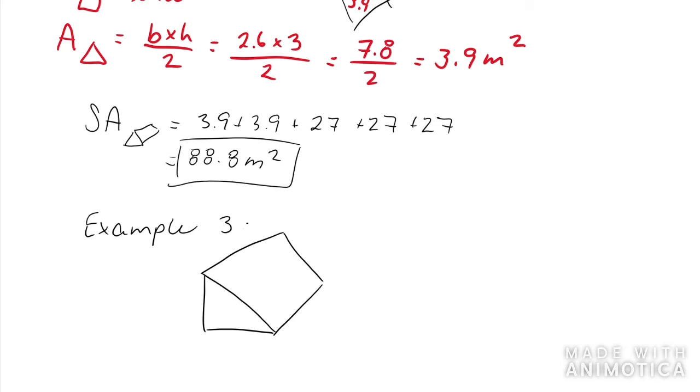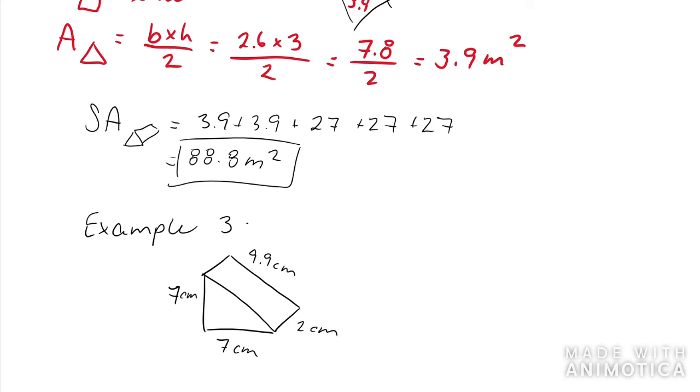It actually gives it to you as part of the shape. So if we have this is 7 centimeters, this is 7 centimeters, this long length, which would be our hypotenuse, is 9.9 centimeters, and this width is 2 centimeters.